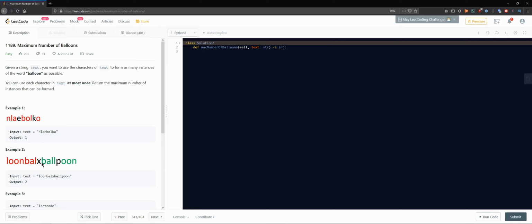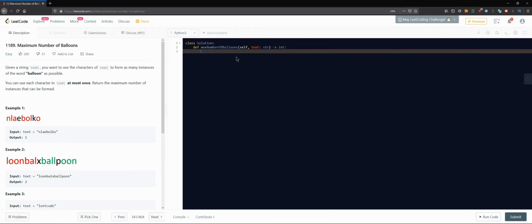We could have something kind of iterative, because if we don't find any B in the text, we know there is no possible chance to get the word balloon. So basically we could have a mapping of required frequencies.